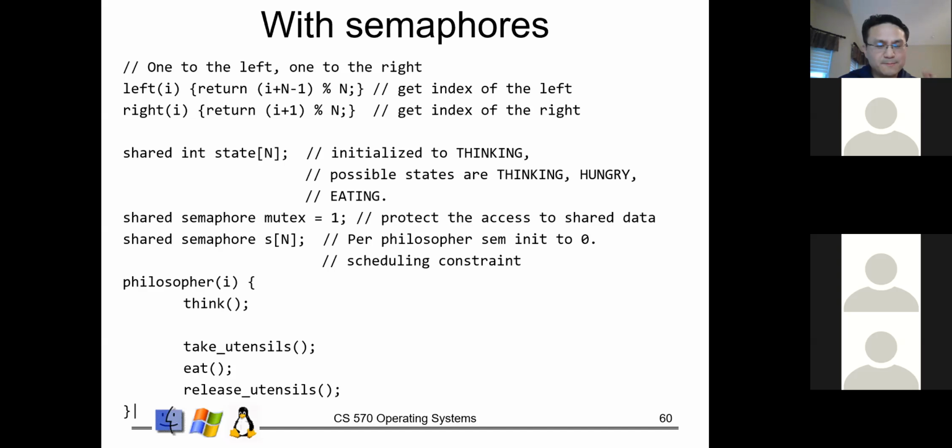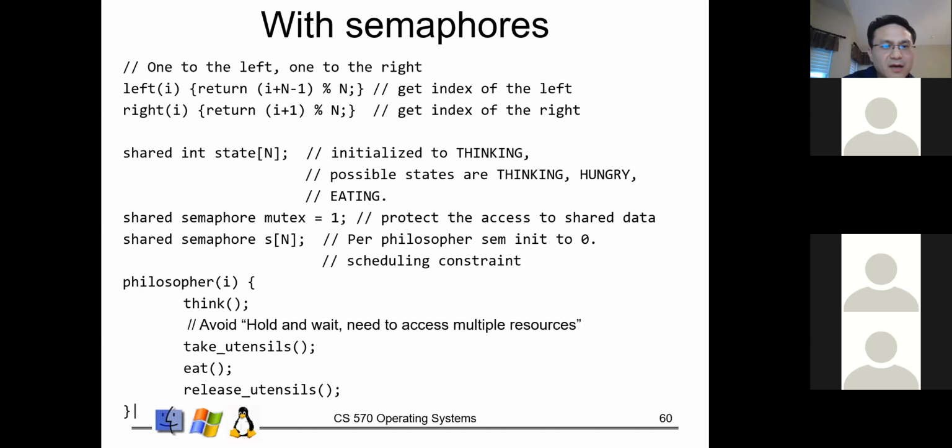All right, so we want to avoid what? Hold and wait. That means when a philosopher wants to eat, it wants to acquire both utensils at the same time. All right, so let's see.